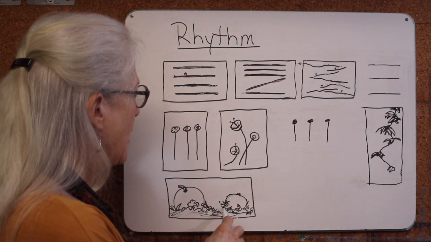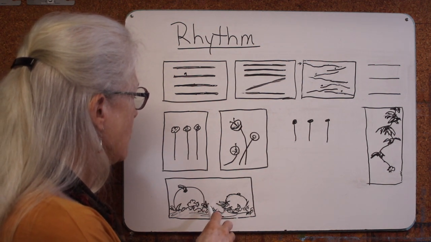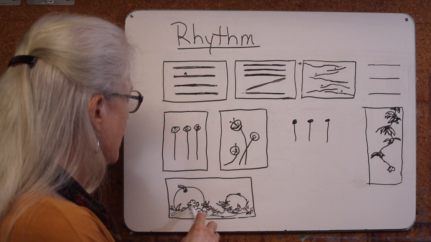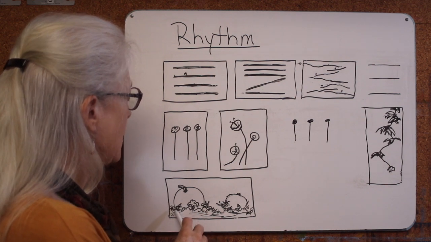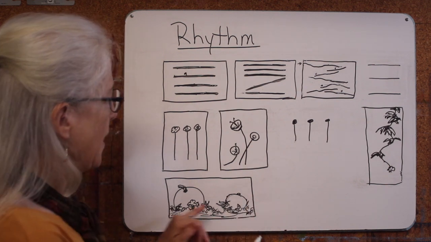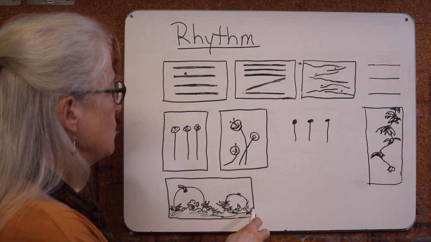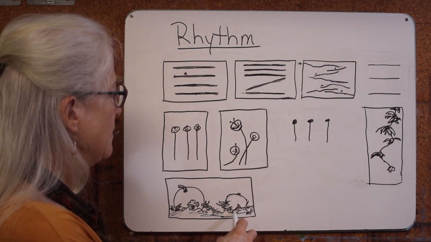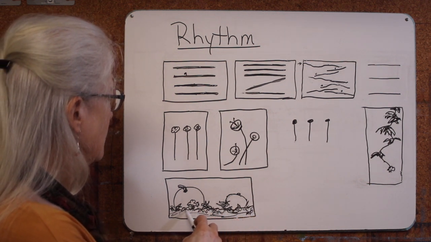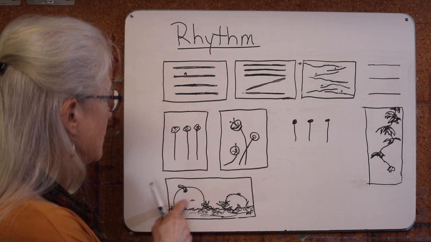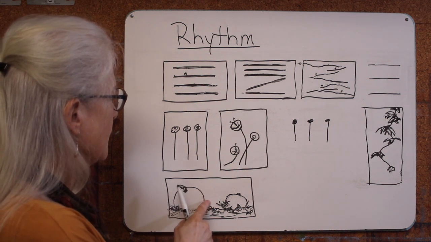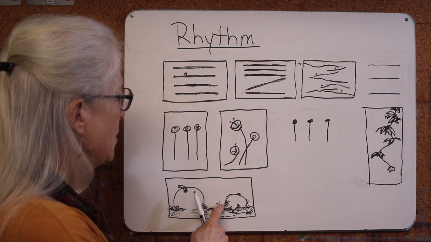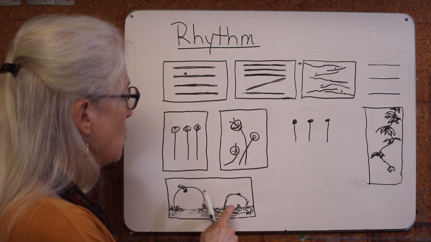You've got some coming up, you've got some extending out, you've got a leaf here, another leaf here, and then compare this to if I simply had something that was pretty much just horizontal.